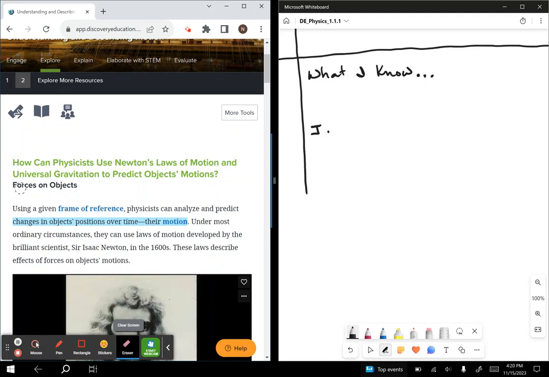So Roman numeral 1, forces on objects. As you remember in class, we've been talking about frames of reference.